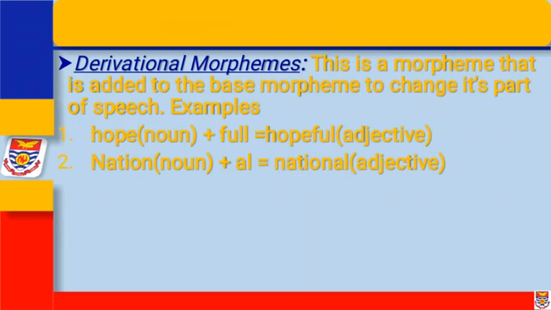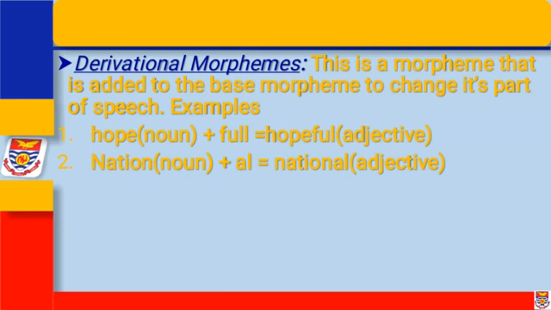The other type of bound morpheme is derivational morphemes. This is a morpheme that is added to the base morpheme to change its part of speech. So we are saying that for this morpheme to function, it needs to be added to the base morpheme. And then after adding, its word class will change.